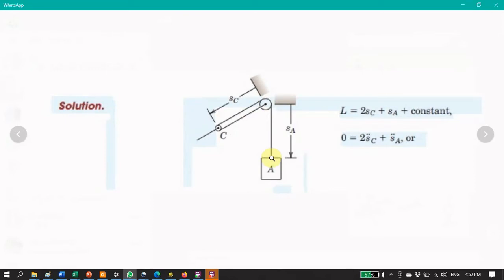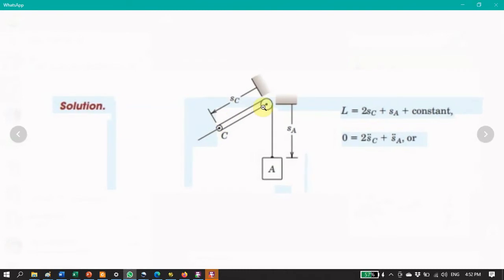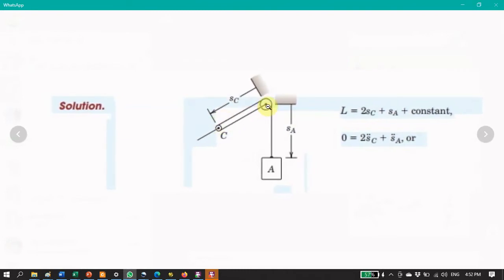Based on the diagram, the length of the cable is actually 2 times the length connecting pulley C to pulley O. Right now, we don't consider any connected system. We just want to get the expression for the acceleration vectors.